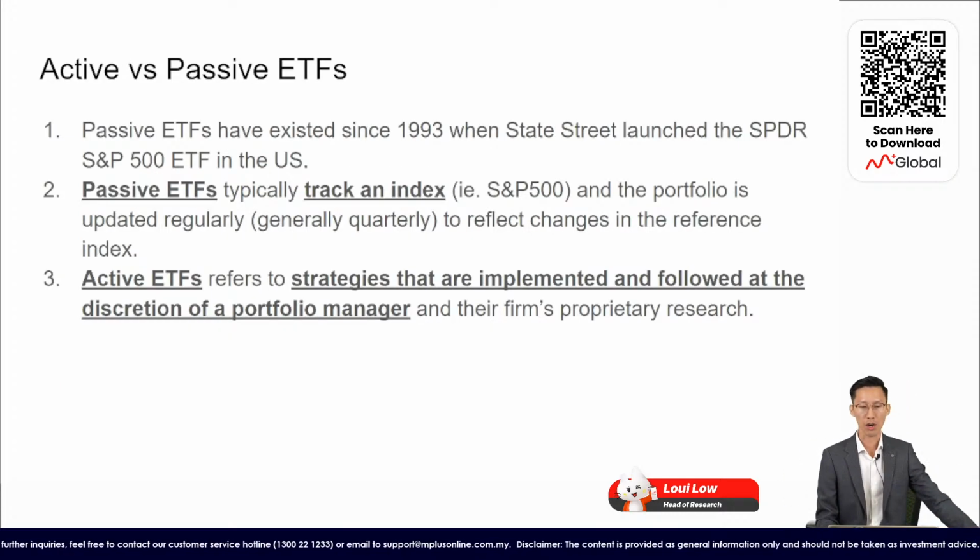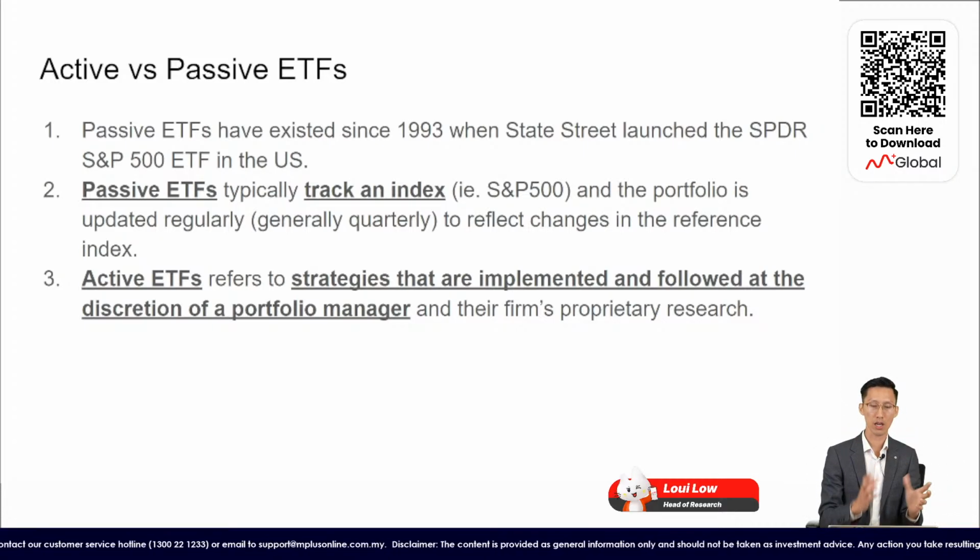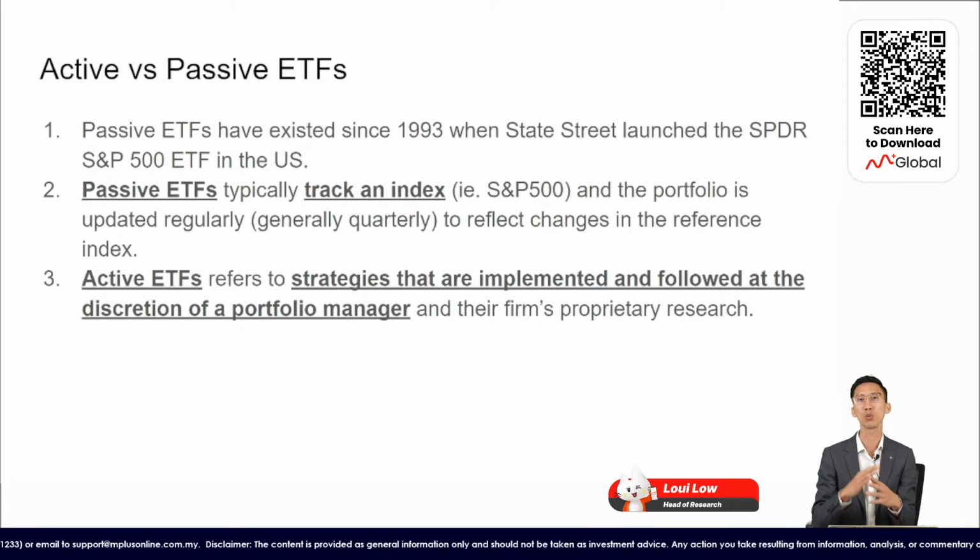Okay, just now we mentioned active and also passive ETFs. Passive is just to track, because you don't want to select the stocks yourself. You don't want to pick that company A will rally or company B will tank, because when you buy into company A, maybe company A doesn't run, but company B runs.